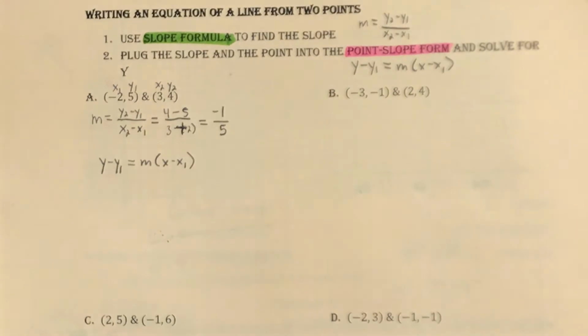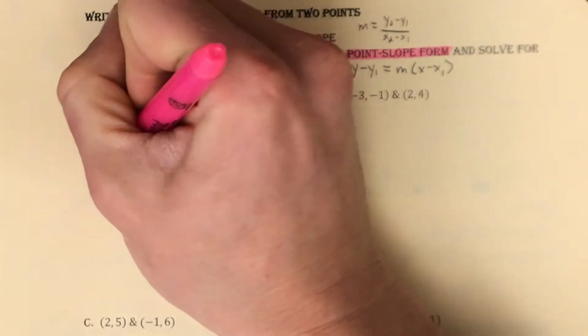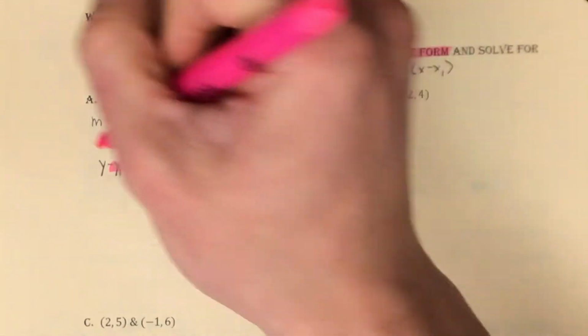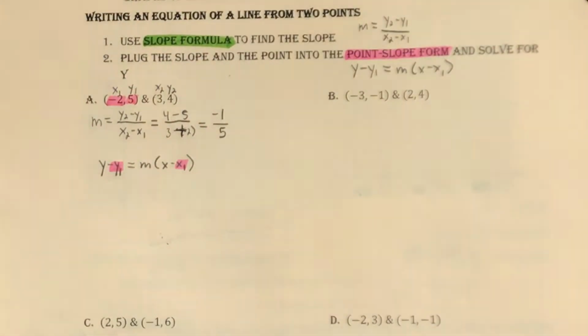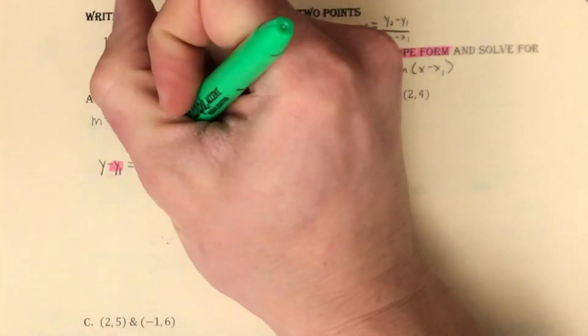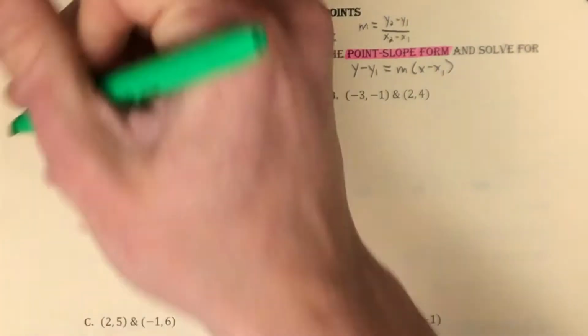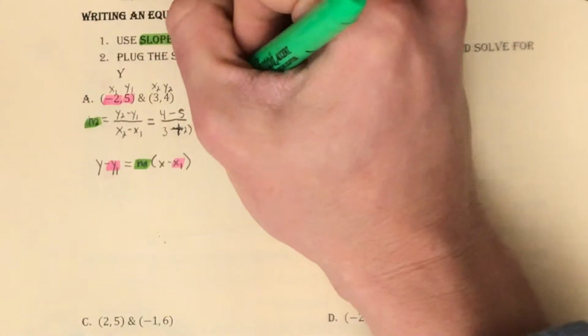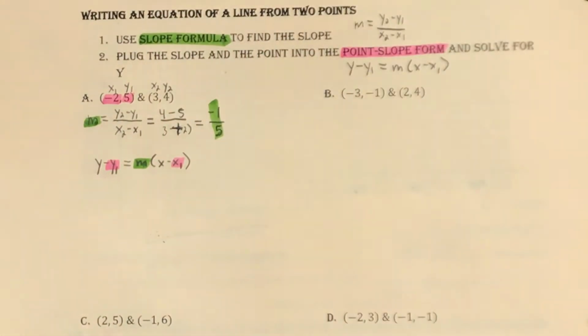First thing I want to deal with is the y1s and x1s, which I found and labeled were 5 and -2. So those parts are going to go there. Then I want to plug my slope in, my m, which I found to be -1/5. So let's plug that information in.